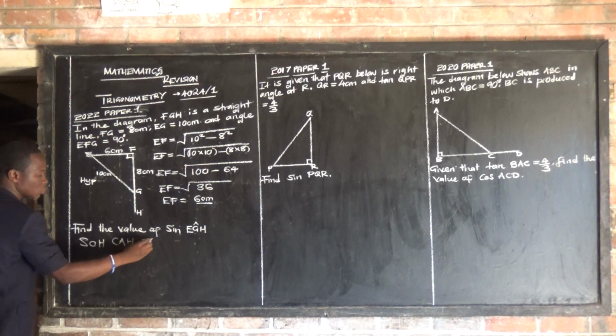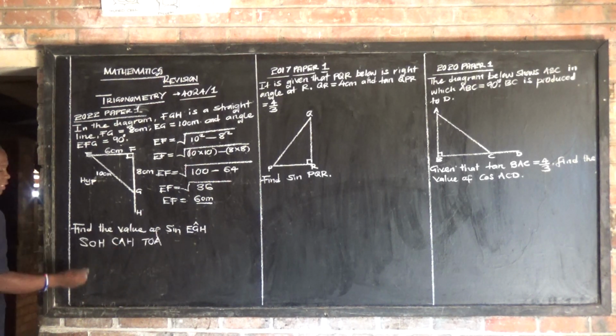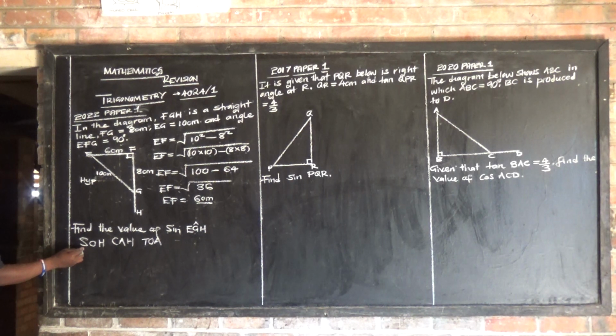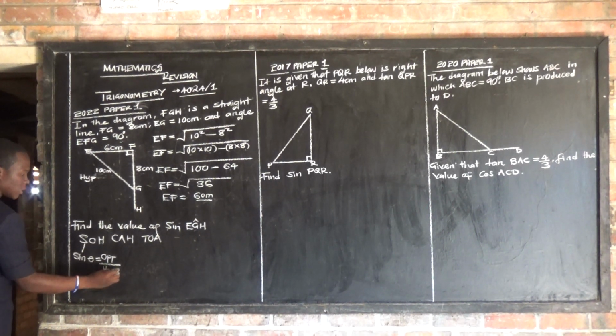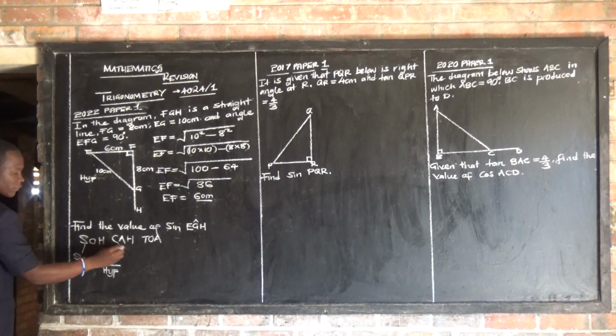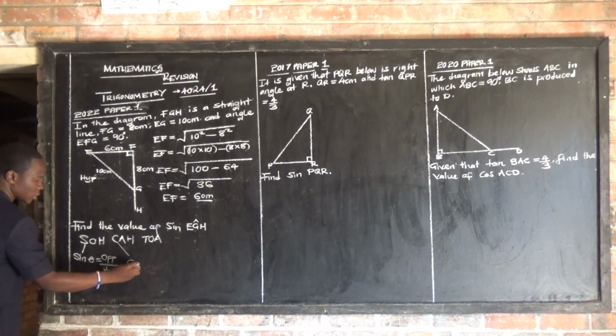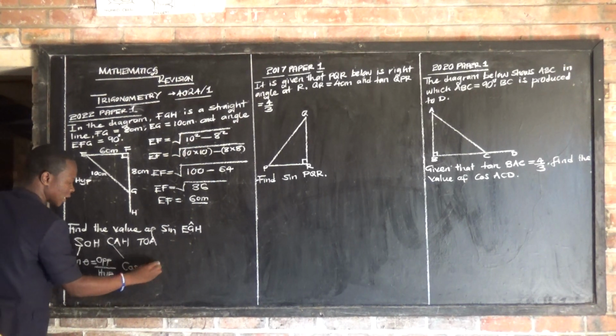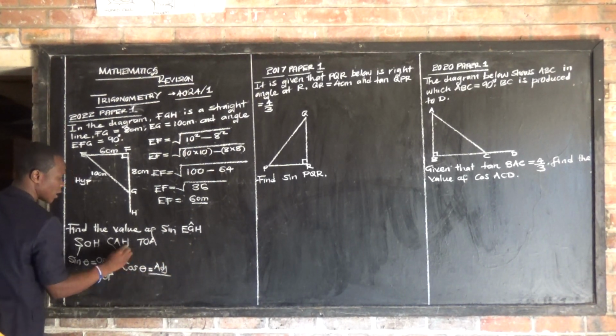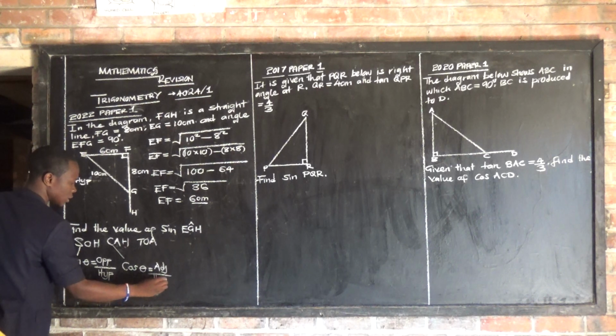S is for sine: sine theta is equal to O, opposite, over hypotenuse, H. Then C is for cos: cos theta is equal to A, adjacent, over H, hypotenuse.